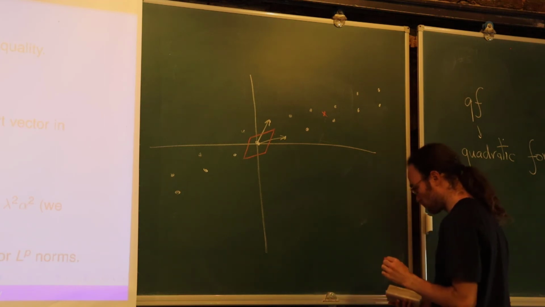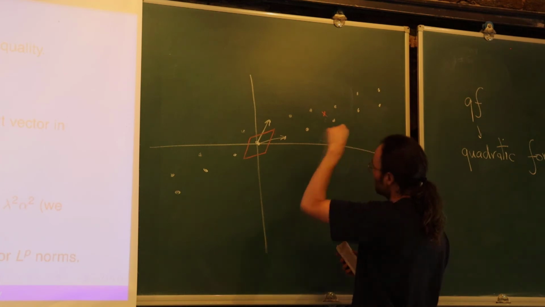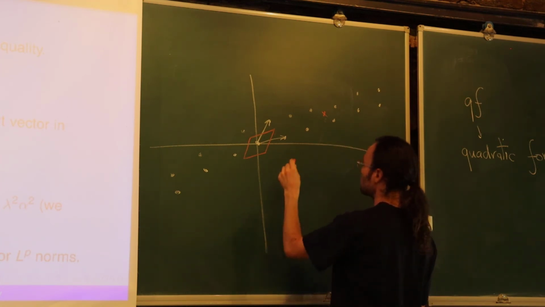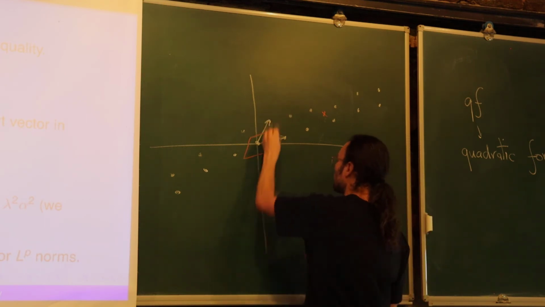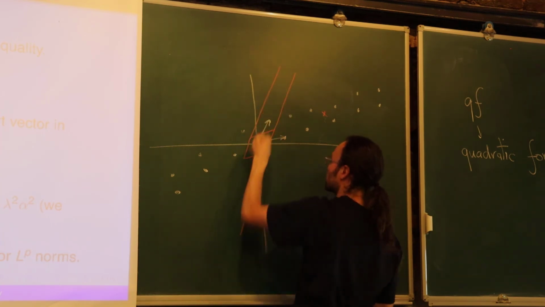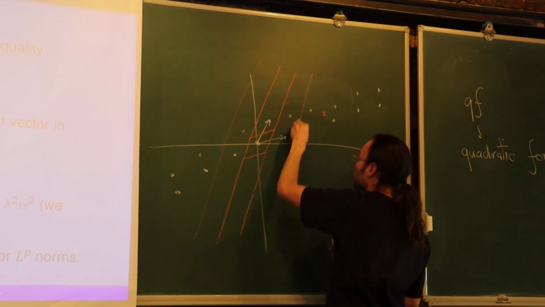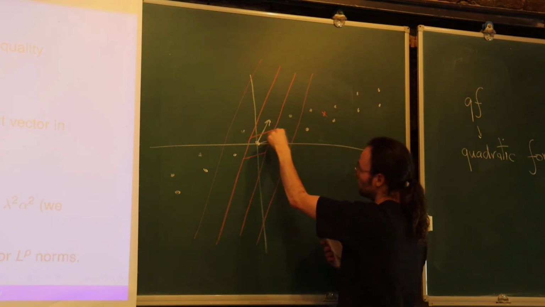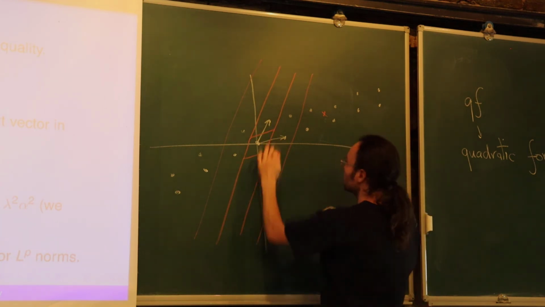So Babai is an improvement on that, where instead of doing this, you're first going to look for an approximation in one direction. So, well, here again, it's just rounding the coordinate. But then in the second coordinate, instead of just using the coordinate on the vector here, you first project orthogonally to the first one.